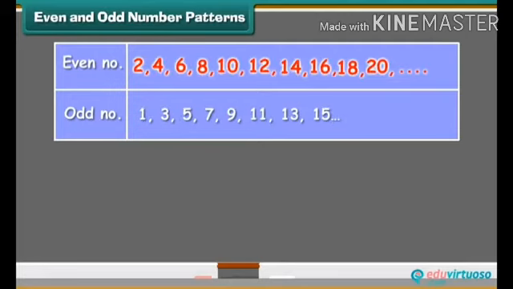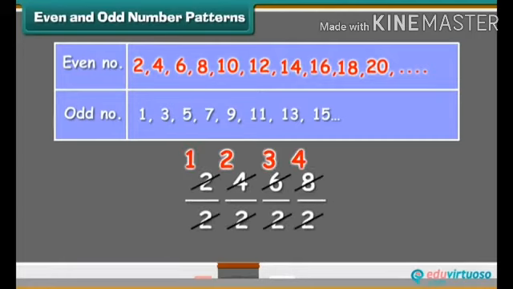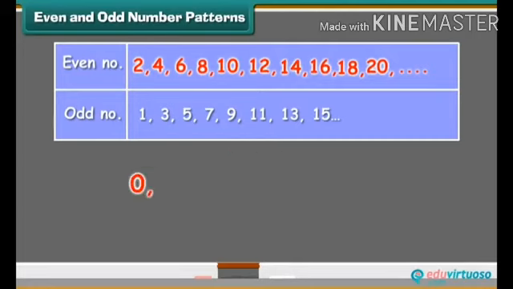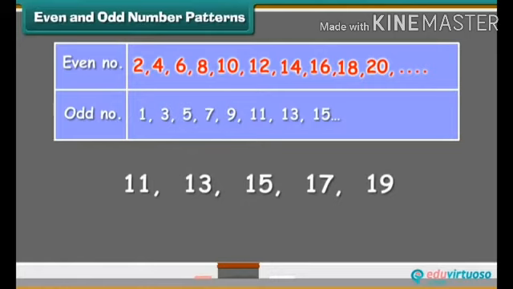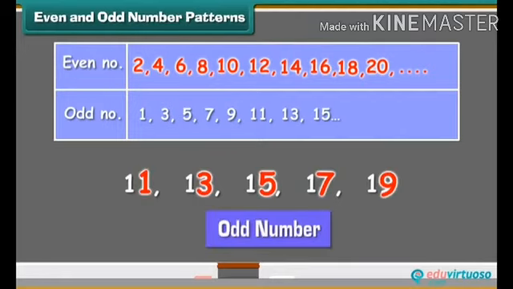The first series are called even numbers. Even numbers are divisible by 2 and end with 0, 2, 4, 6, and 8. The numbers ending with 1, 3, 5, 7, and 9 are called odd numbers. In both even and odd numbers, we skip count by 2s.